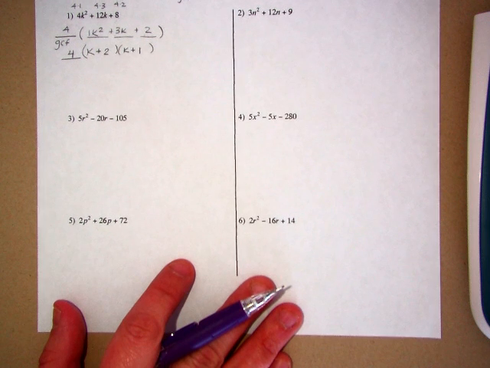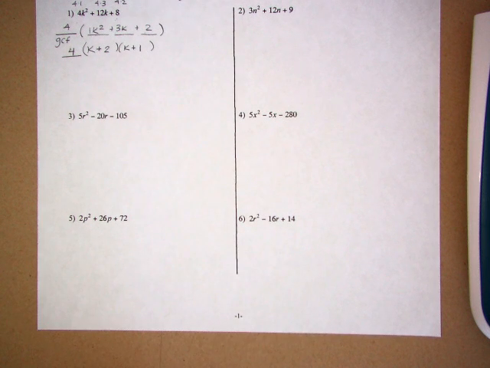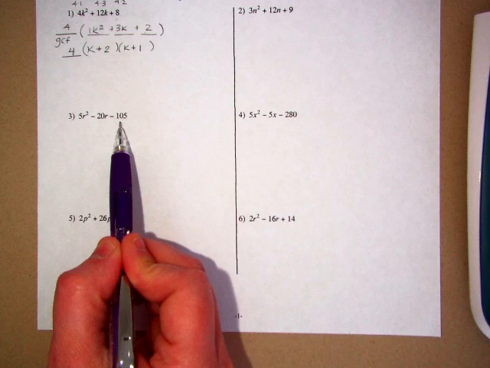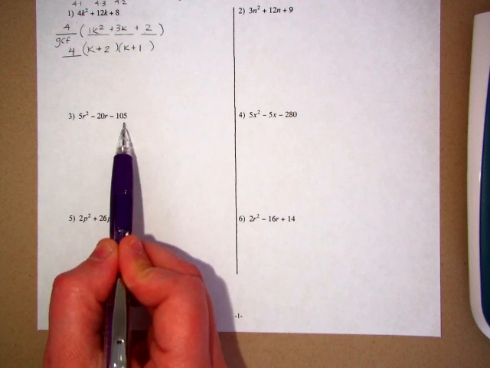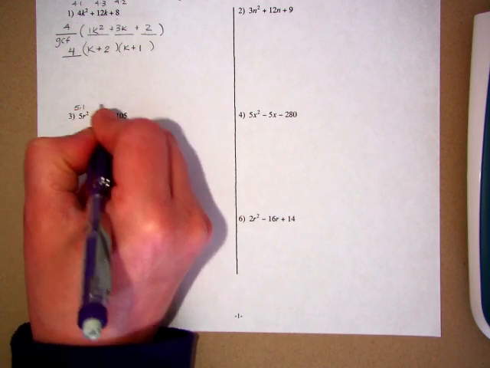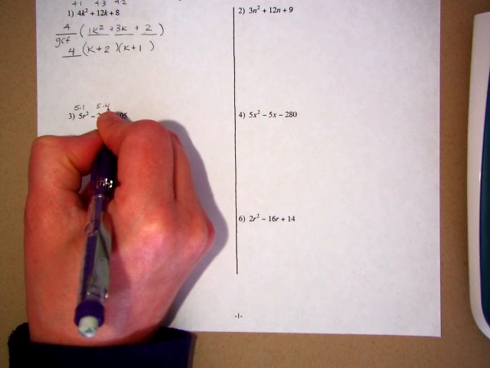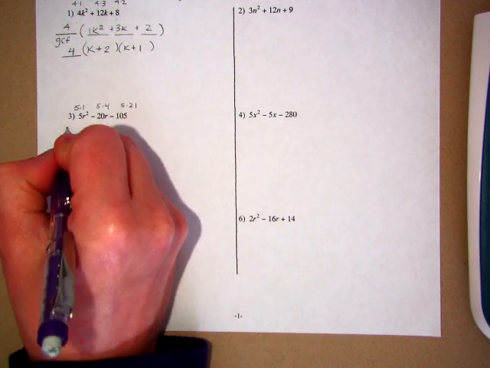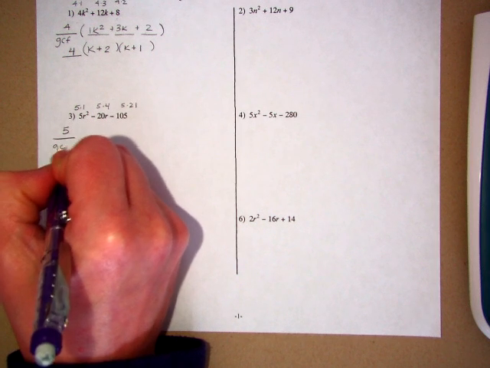Moving down to number 3. Number 3 has 5r squared, 20r, 105. This is very close again to the form, but I need to take out a number out front. 5 times 1, 5 times 4, 5 times 21. 5 is my greatest common factor.